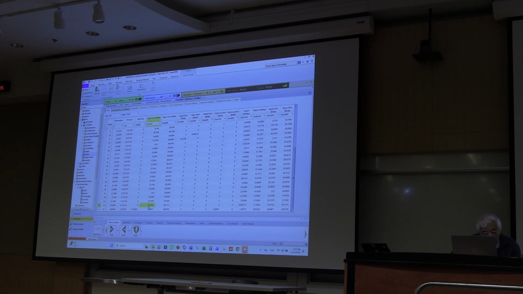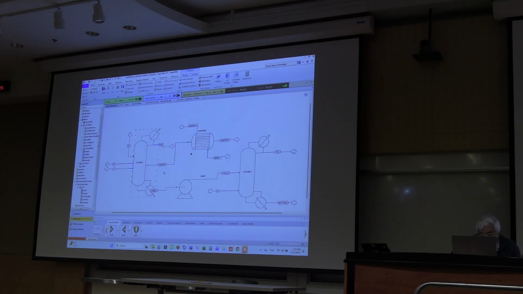Those are internal streams, not the product streams, distillate or bottom product. So you use the concept of pseudo stream to get the information of the top vapor entering the condenser.